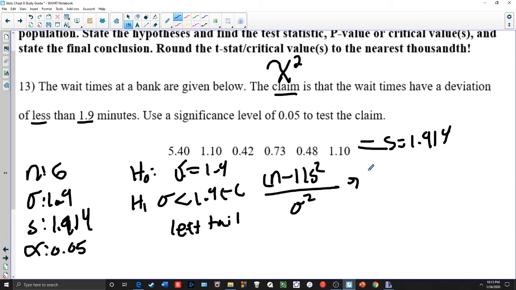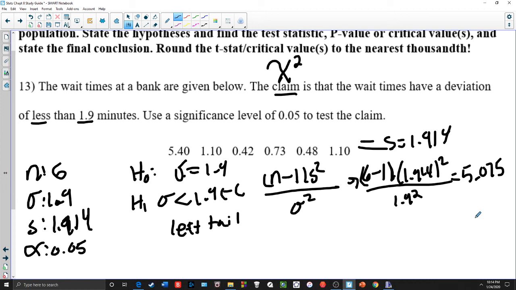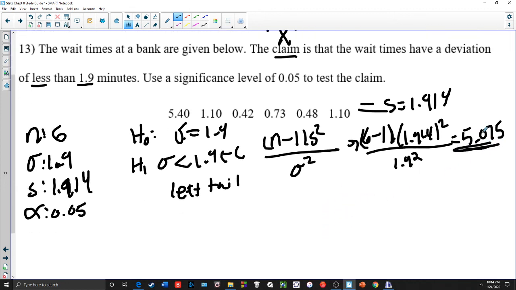So we're going to say n, which is 6, minus 1, times s squared, which is 1.914 squared, over sigma squared, which is 1.9 squared, which will give us 5.075 as my test stat. So that's my chi-squared score, my test stat, whatever you want to call it.